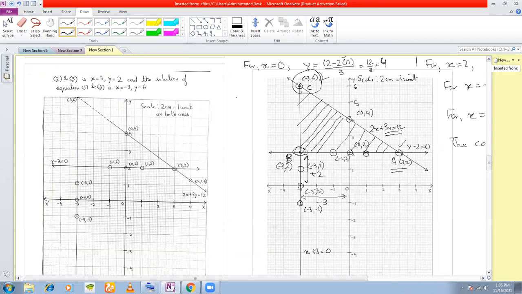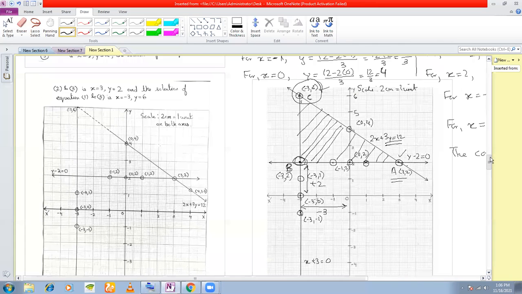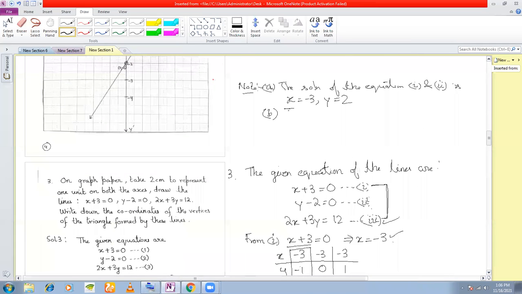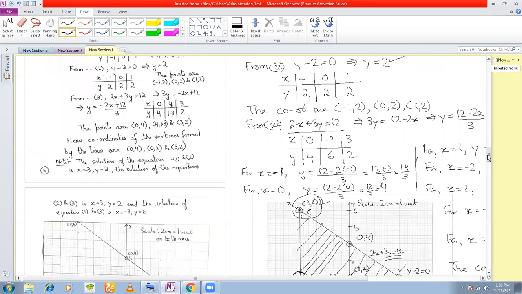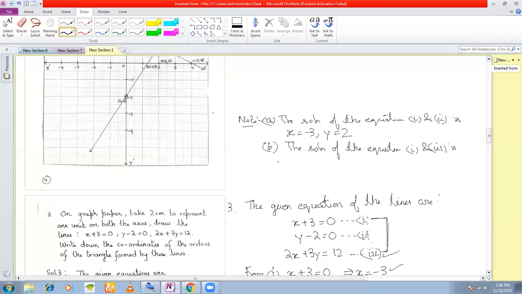This, right? So what is the solution of 1 and 3? The solution of the equations 1 and 3 is that point of intersection: x is equal to -3, y is equal to 6, right? Because the point of intersection was -3, 6.